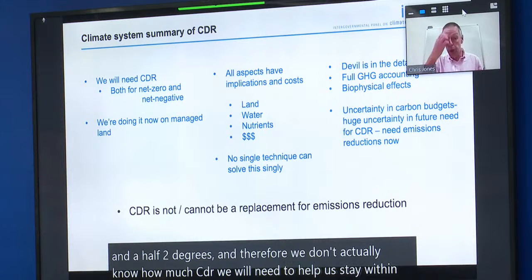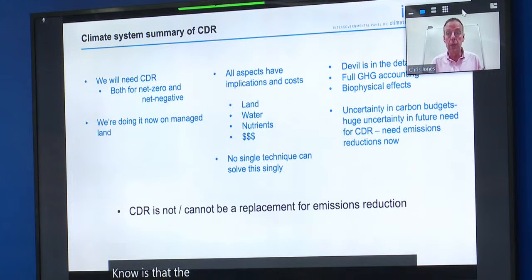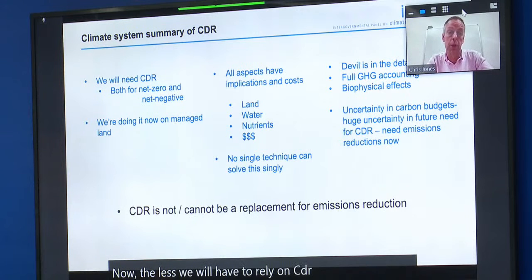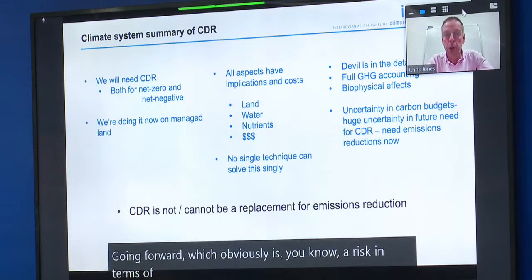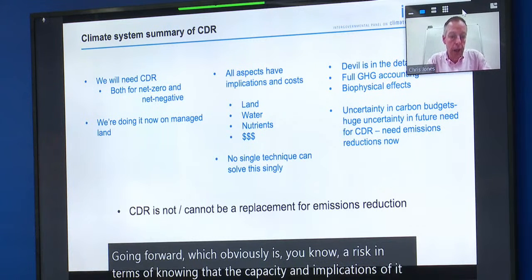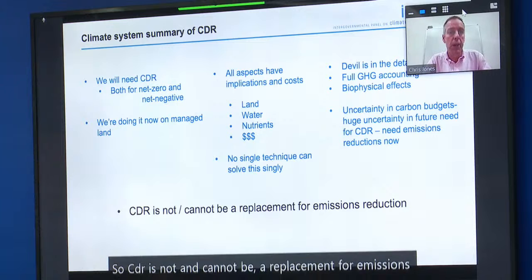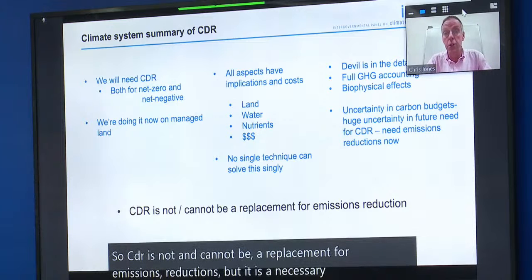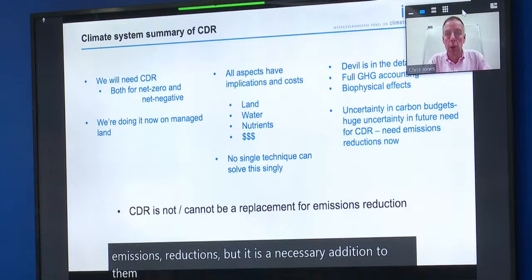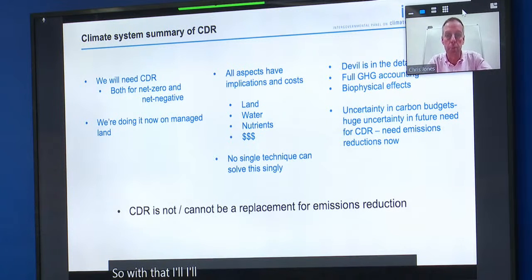All we know is that the faster we act, the deeper we cut our emissions now, the less we will have to rely on CDR going forwards, which obviously is a risk in terms of knowing the capacity and the implications of it. So CDR is not and cannot be a replacement for emissions reductions, but it is a necessary addition to them. With that, I'll finish and pass on to Oliver.